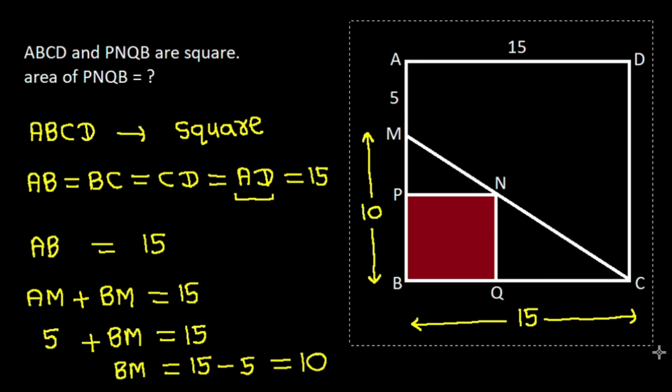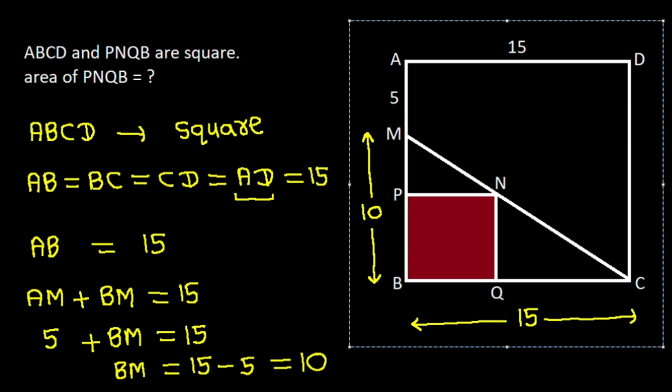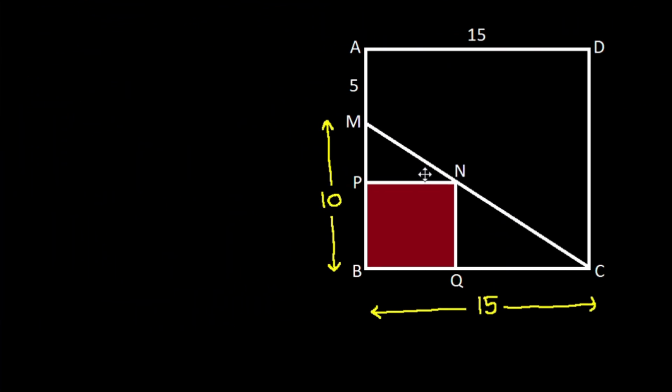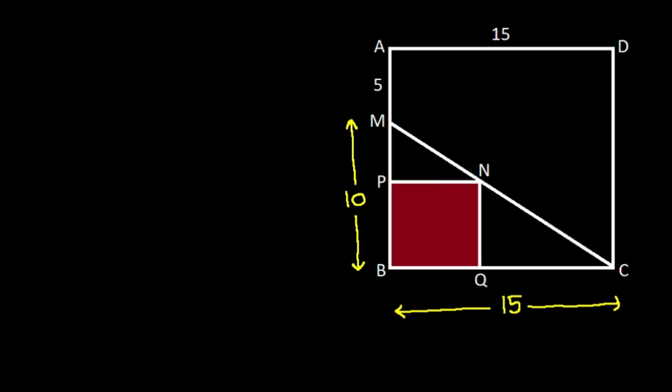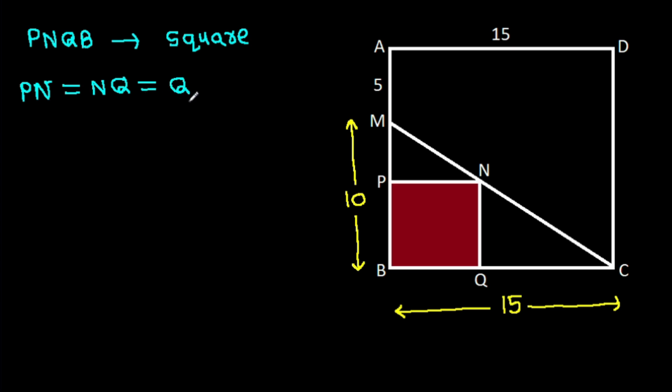Now PNQB is a square. That means PN will be equal to NQ, equal to QB, equal to BP.